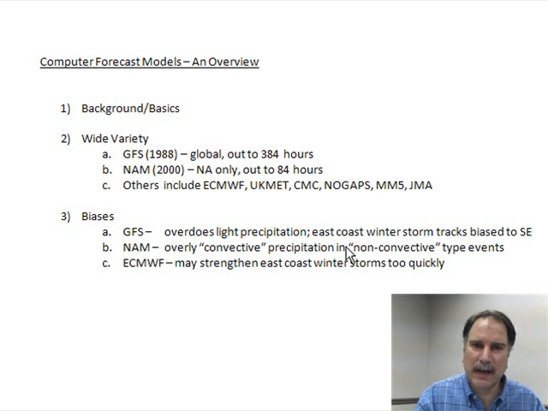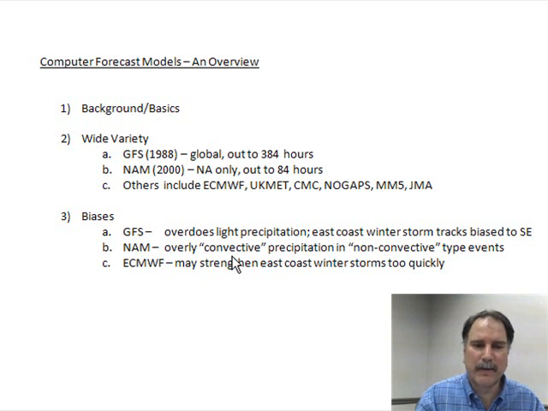But then as you got closer to the event, the GFS model would forecast that low to go a little bit farther to the north, maybe up to New York City, which of course made all the difference in the world in terms of snowfall amounts in Philadelphia, for example. So these kinds of biases become evident after a while and are addressed by the researchers in the field.